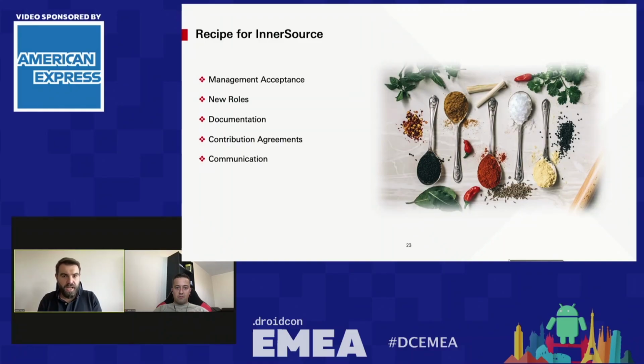Second of all, you need to define new roles within your organization because it will no longer be the same when you introduce inner source there. And finally, you have to establish some new common rules regarding the documentation, contribution agreements, and communication. And only fulfilling all of these principles will let you cook a delicious inner source.